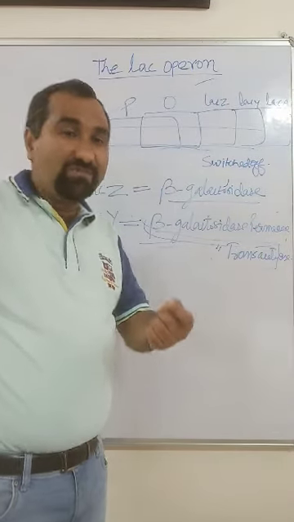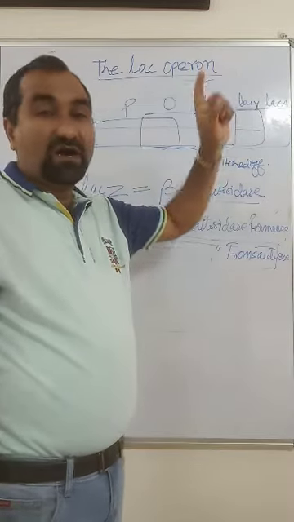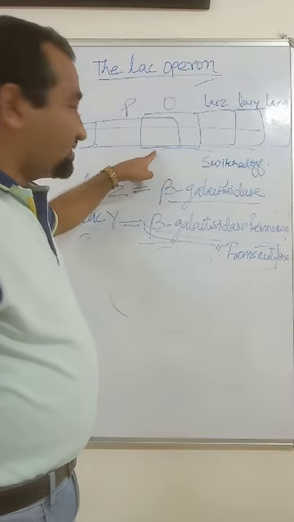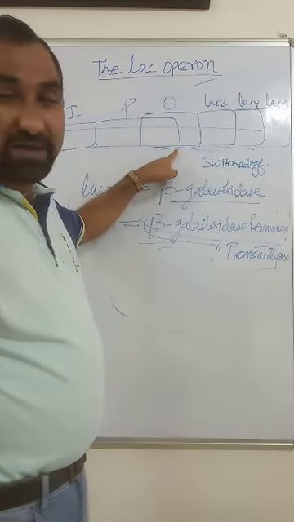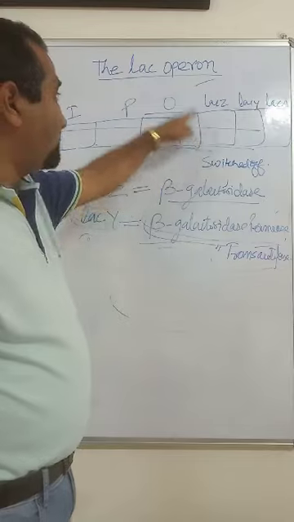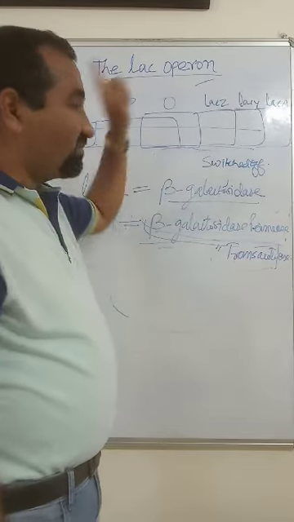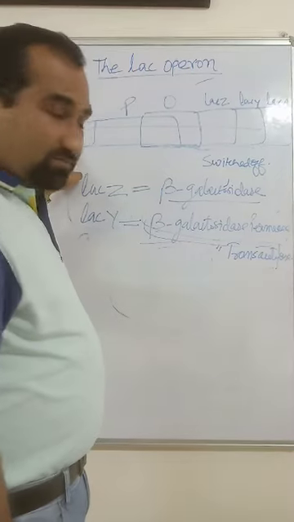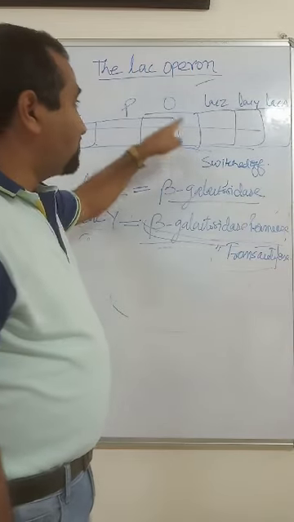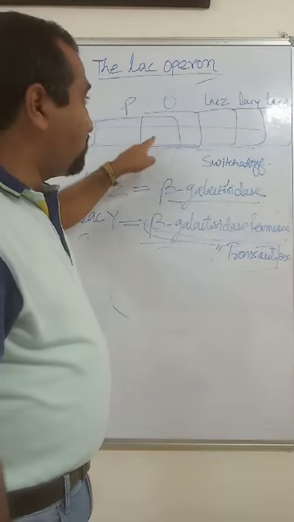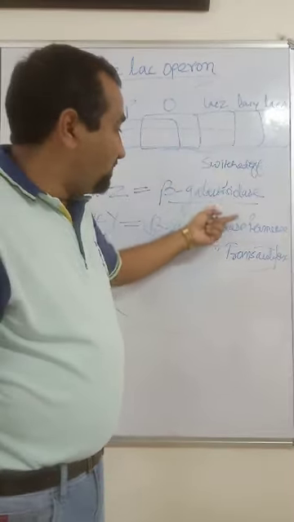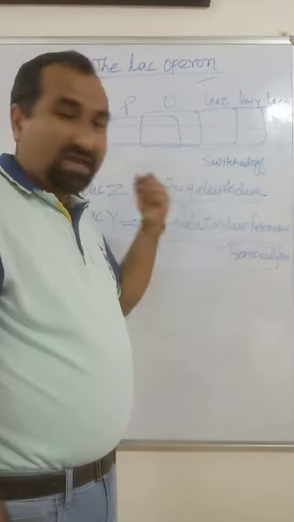That is, a minimum level of these enzymes is always present, because if this regulator gene produces repressor molecule and that repressor molecule binds at operator, then technically RNA polymerase cannot bind over this promoter because it is occupied by the regulator gene product, that is repressor molecule, and till the repressor molecule is attached on operator there is no possibility of transcription of these genes, and if there is no transcription there will be no production of these enzymes.